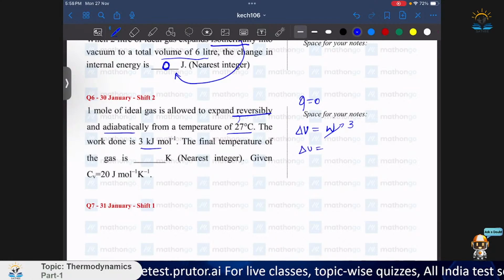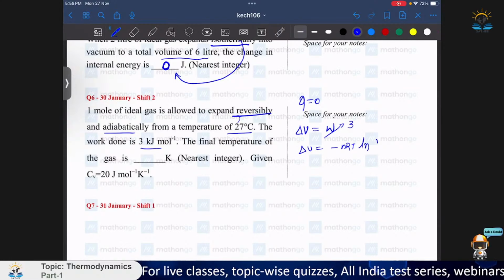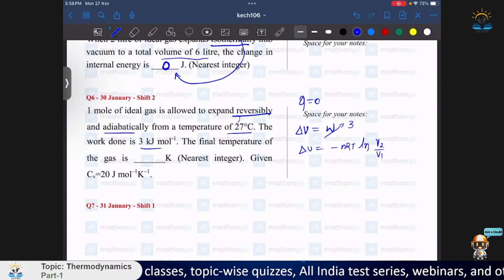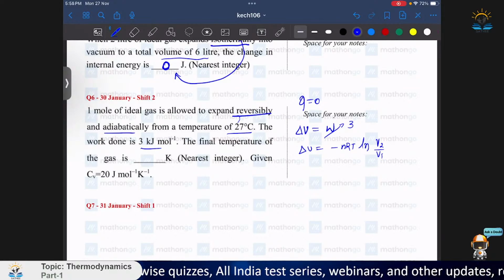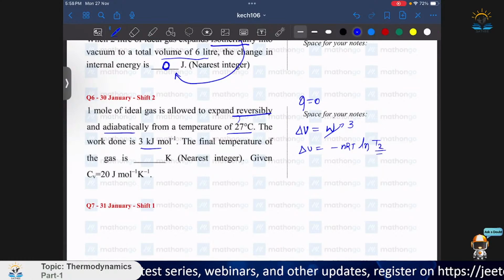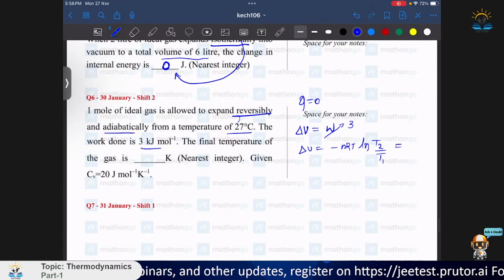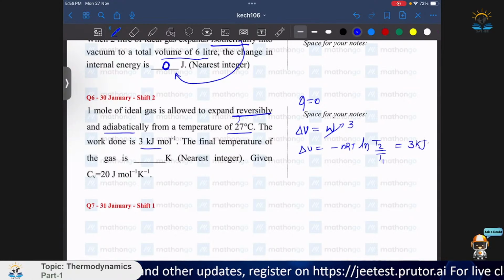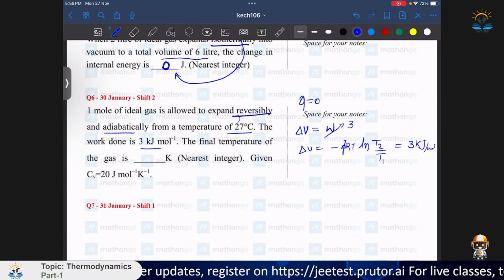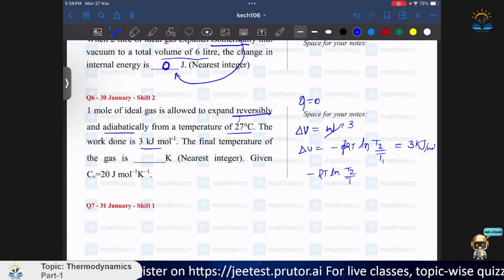This is the equation of delta U. And it is given that it is equal to 3 kilojoule per mole. So mole is 1 times CV ln T2 by T1.